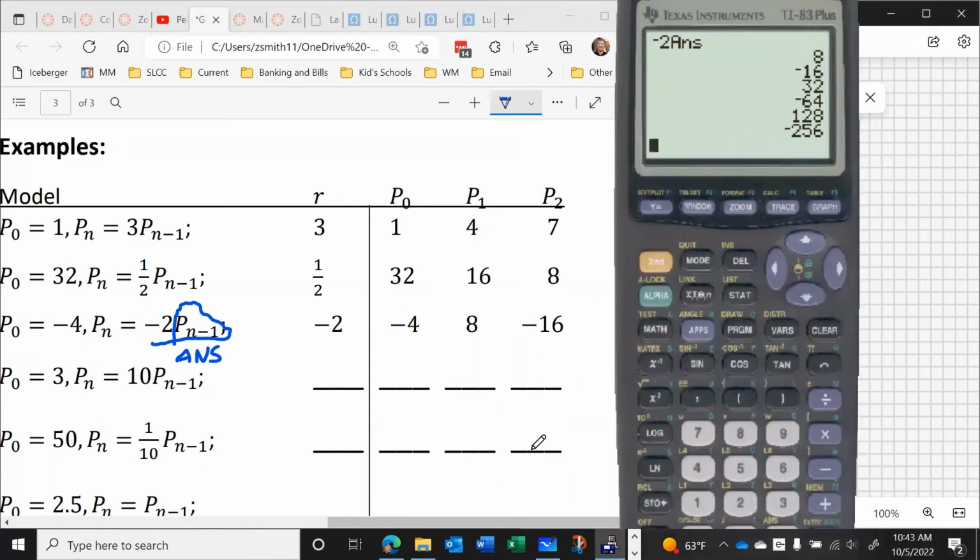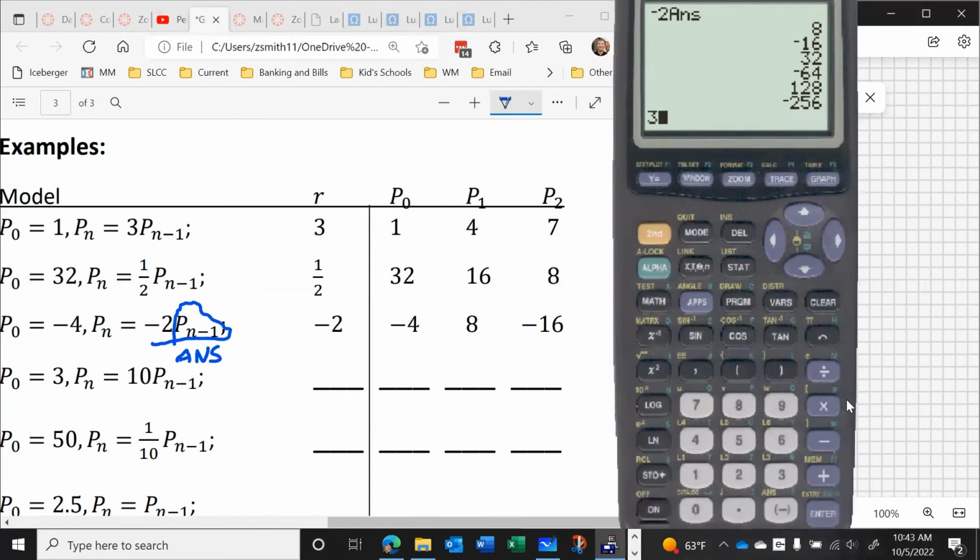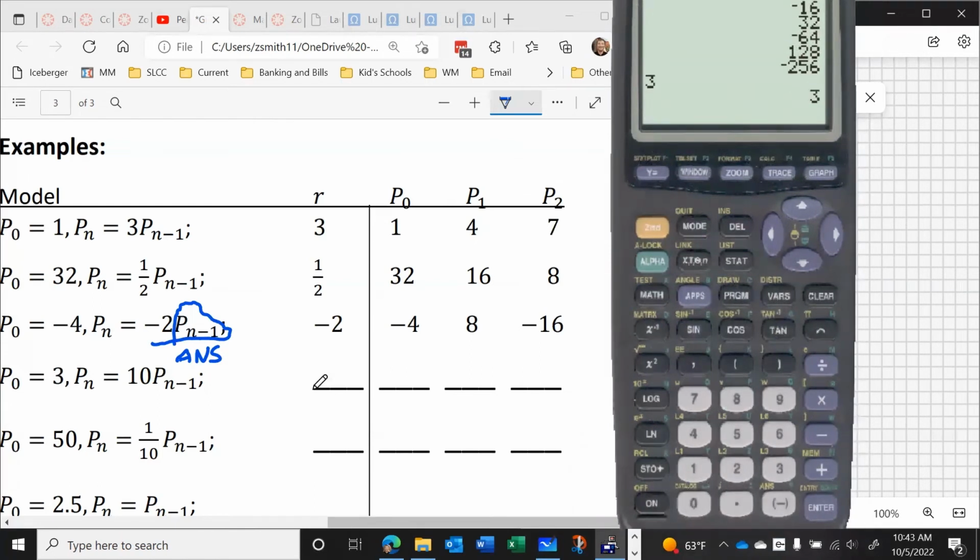So this next one, p sub 0 is 3. So we start with 3. And then we code this in. Wherever you see the p sub n minus 1, put answer. So this would be 10 times answer. So we have 3 here.